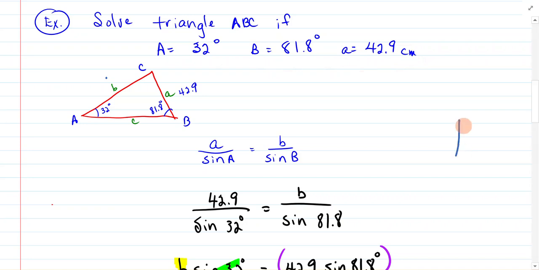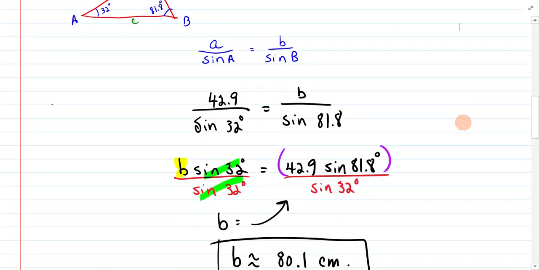So we know side a and angle A. So we can put a over sine of 32 degrees has to equal b, we don't know that, over sine of 81.8. And then what you want to do is cross multiply. Do this and this.